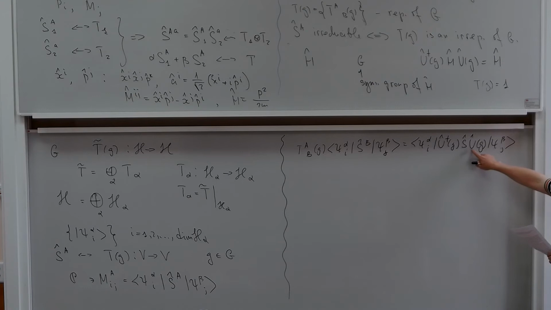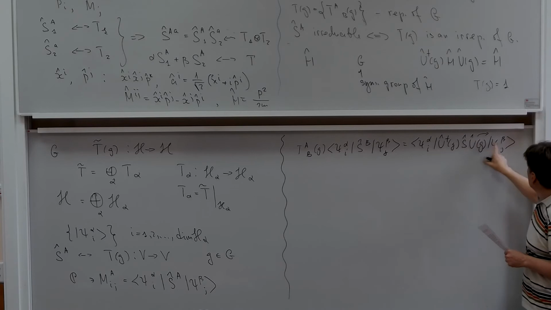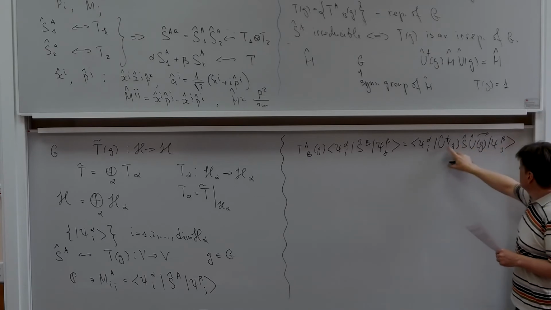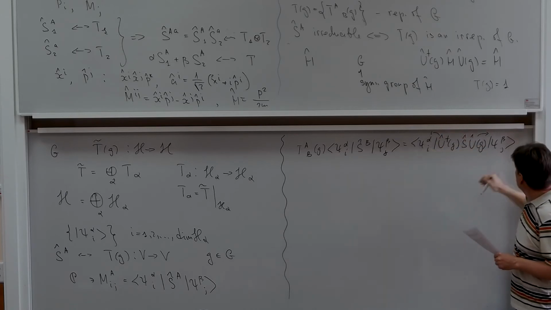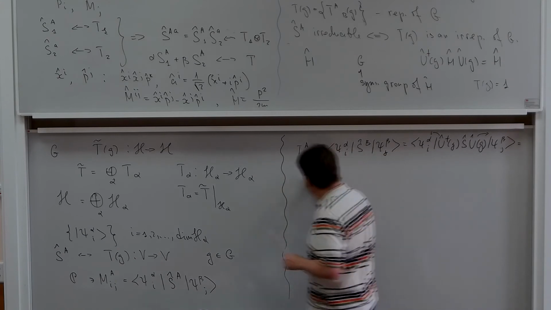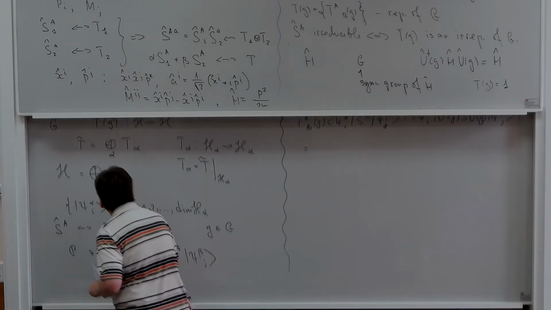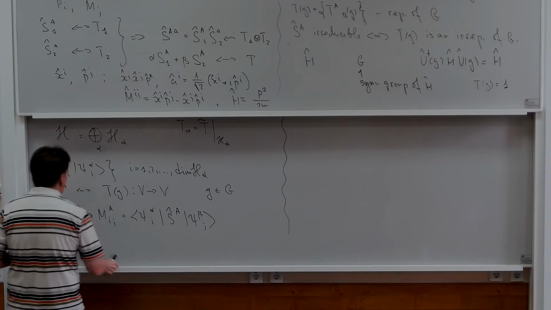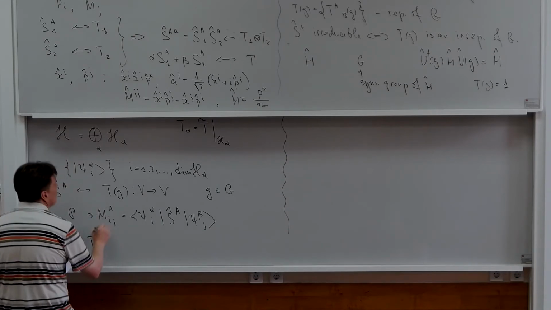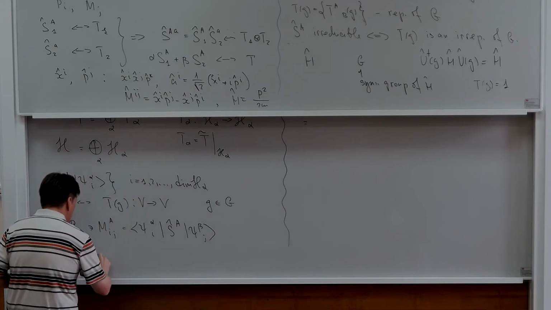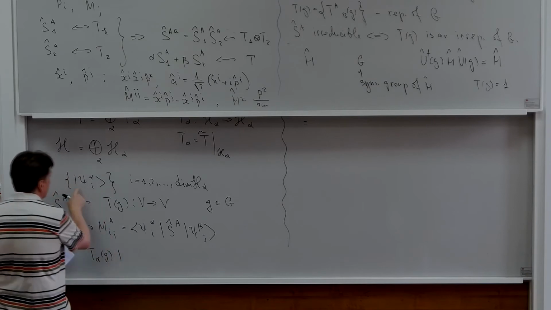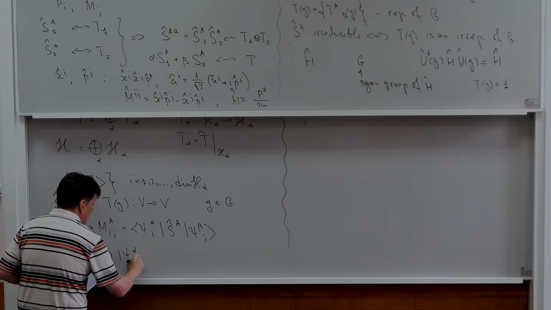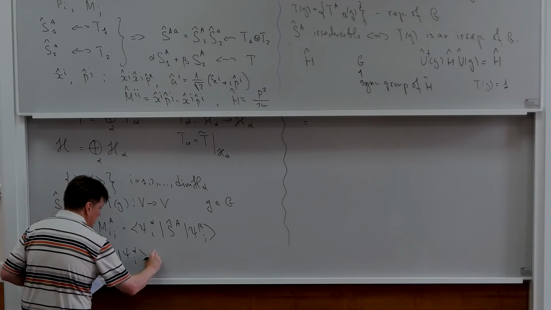And now I add this operator U to the right and U dagger to the left. Maybe I should write here the action of the operators T alpha of g in this basis psi alpha i.